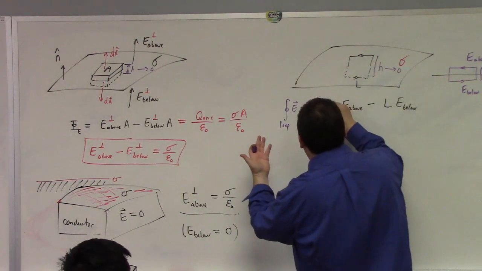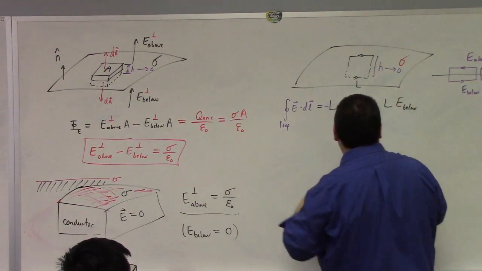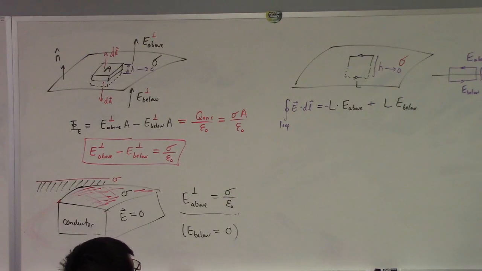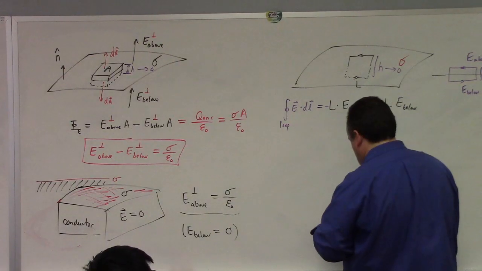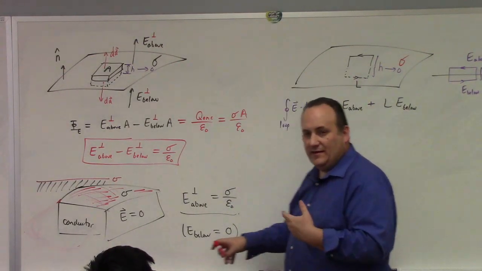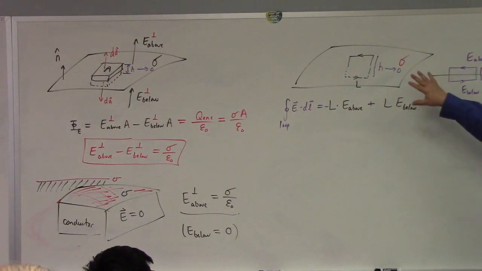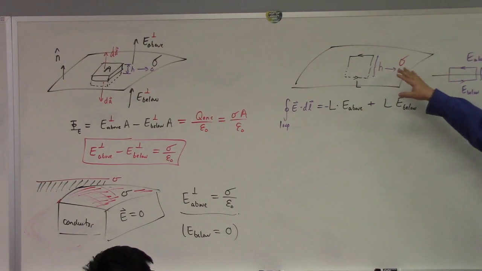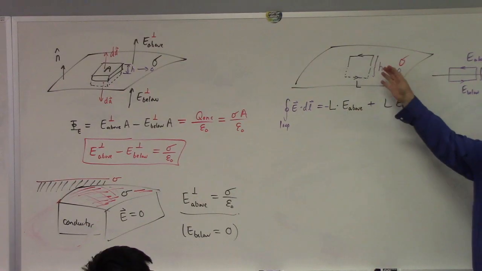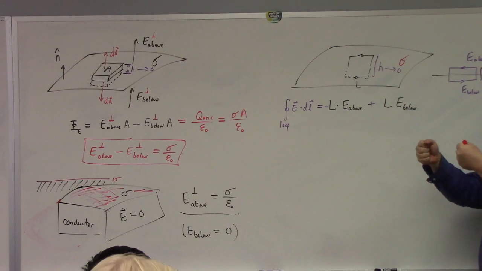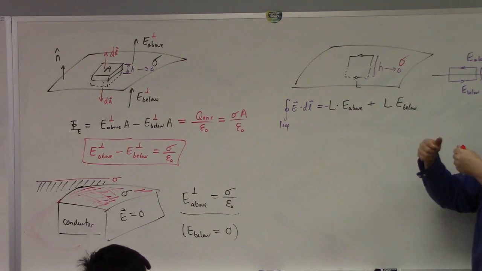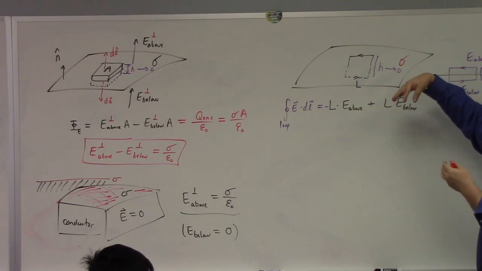Can these be the parallel components? I was getting there. Yes, very good question. I drew it in this way, but this picture equally goes for any choice of parallel direction to the surface. I could put this loop pointing any different which way.